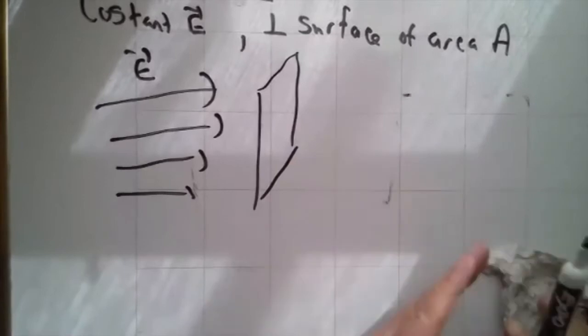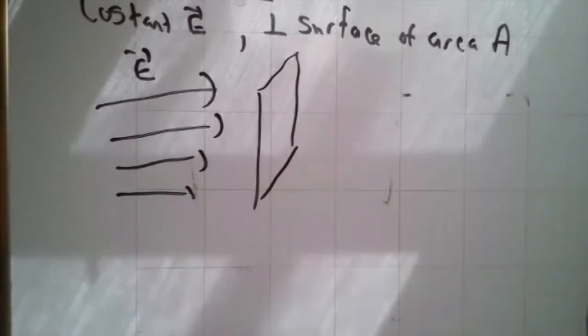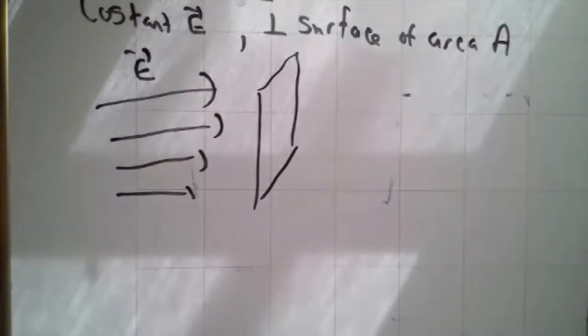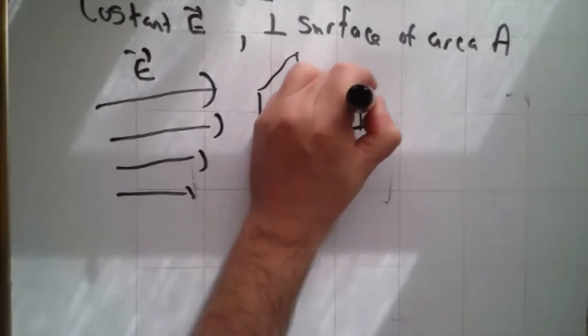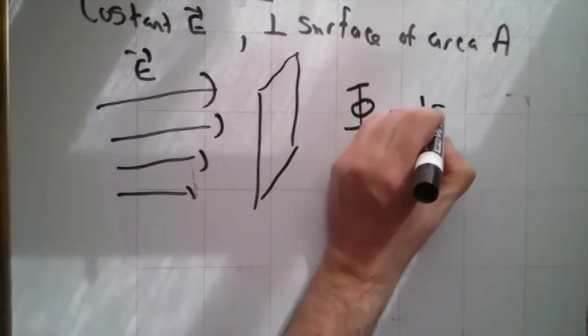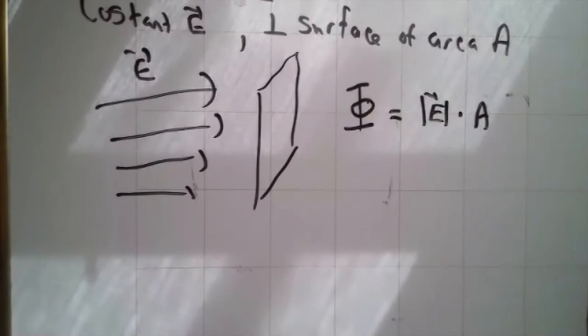So I've got some surface here. Maybe it's sitting like this. I've got some surface and my electric field is flowing perfectly perpendicularly through it. Then the flux, Greek letter phi, will be the magnitude of E times the area.